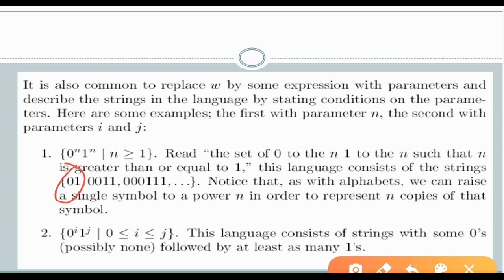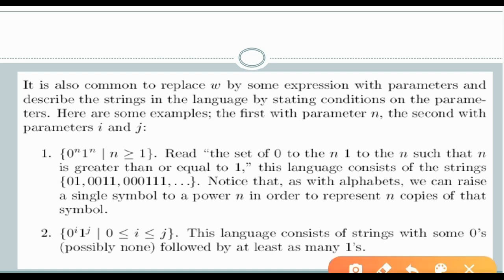Taking 2, 0 to the power 2, 1 to the power 2, gives 0, 0, 1, 1. Taking 3 gives 0, 0, 0, 1, 1, 1. So this is the way you represent the particular alphabets. This is the first example, and you can go to the second example.